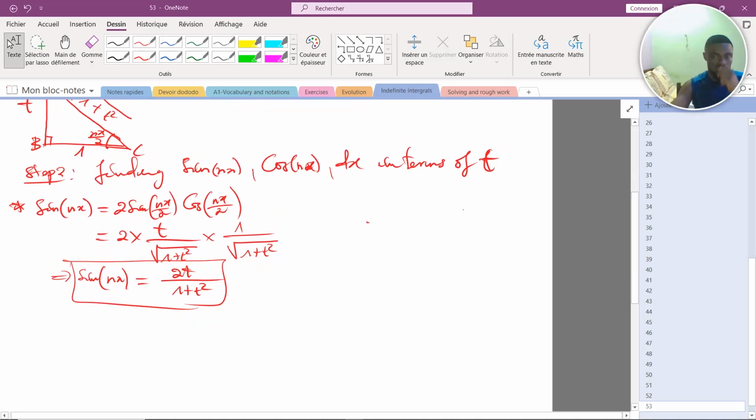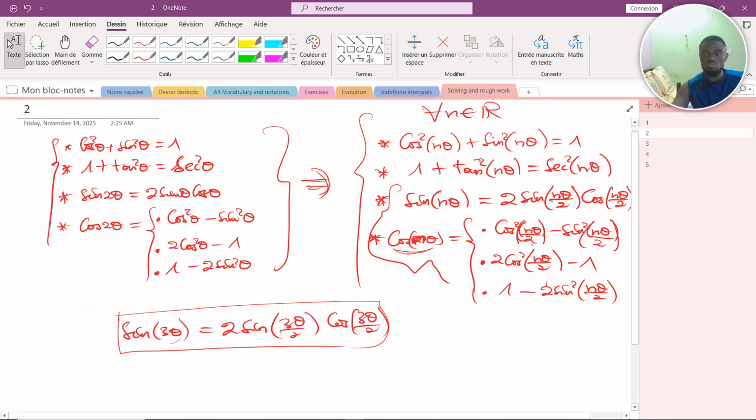Let's find cos nx. If we come back to this formula, cos n theta is equal to cos squared n theta on 2 minus sin squared n theta on 2, or you use this or this formula. Is that okay?